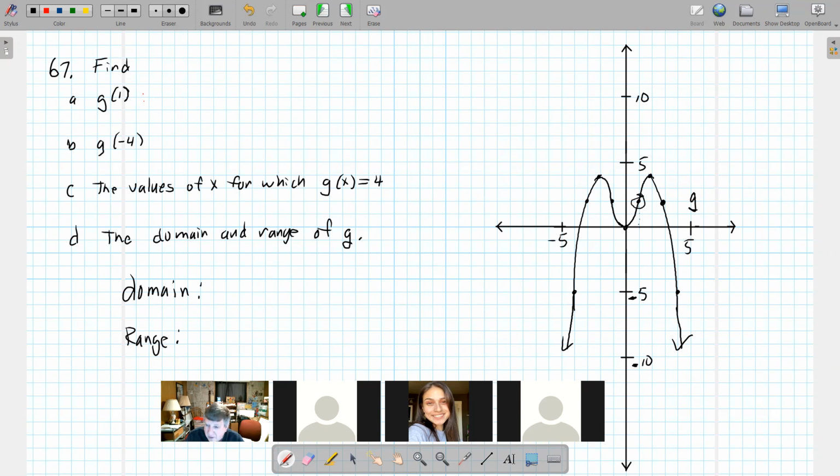So that point has an x coordinate of 1. What's the corresponding y coordinate? 2. Okay, what's G of -4? -5. Excellent.